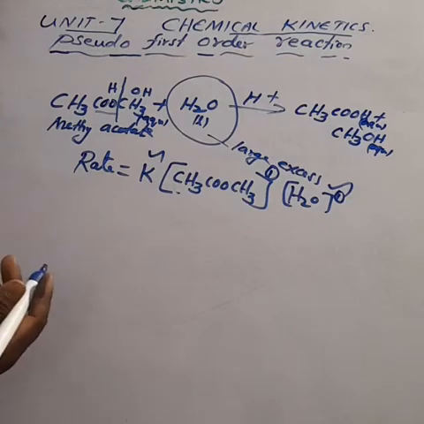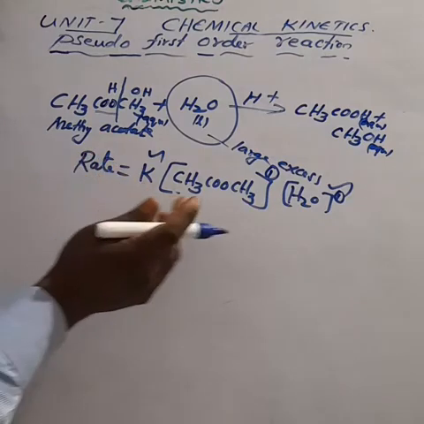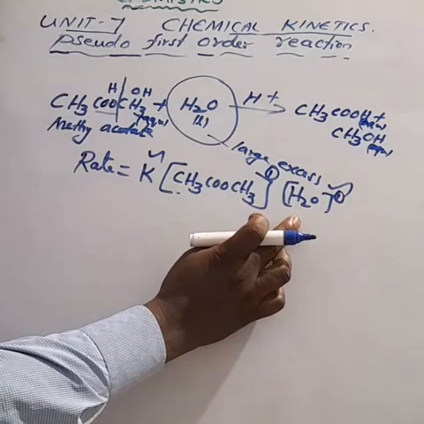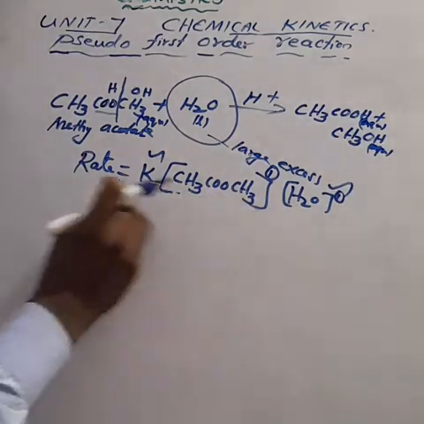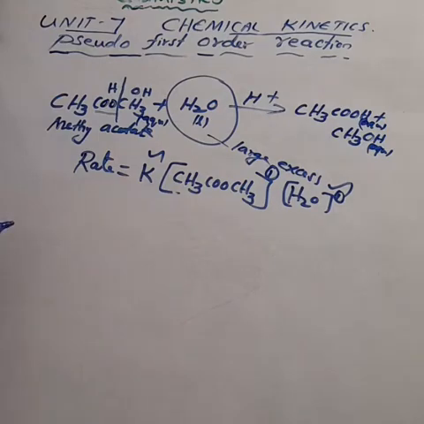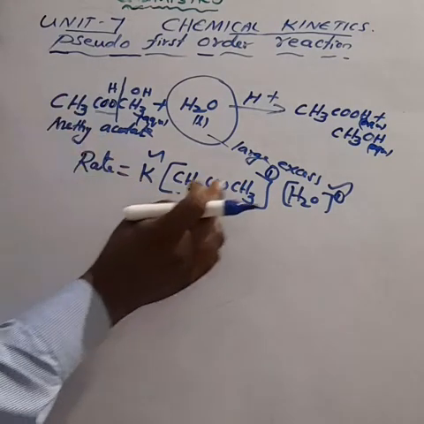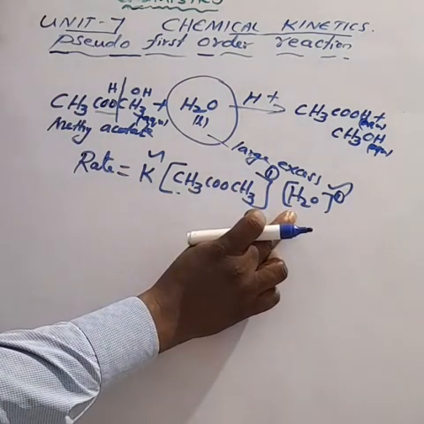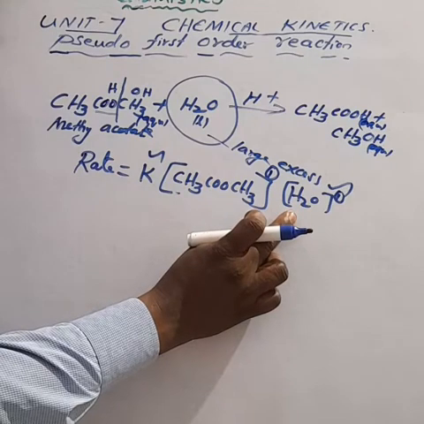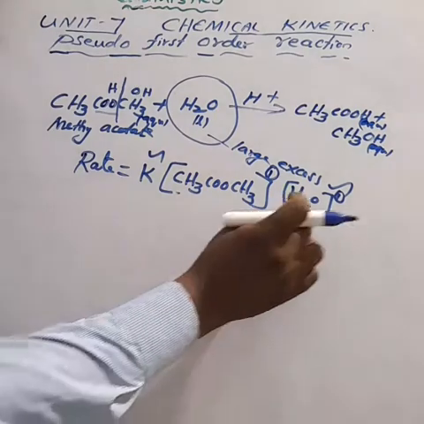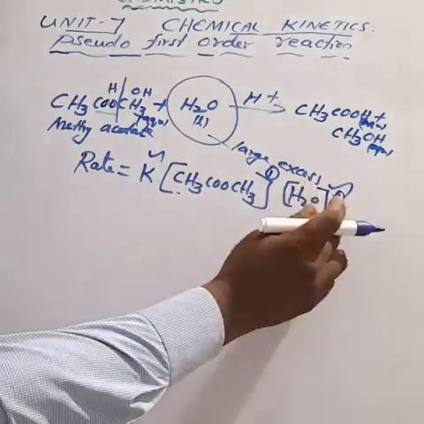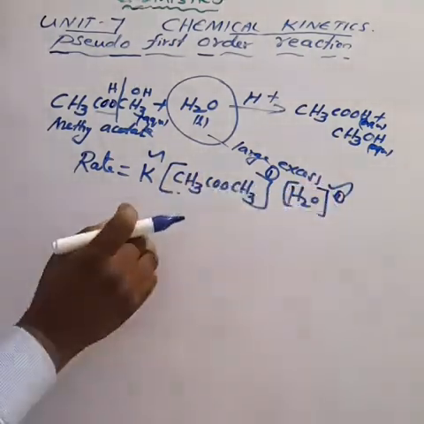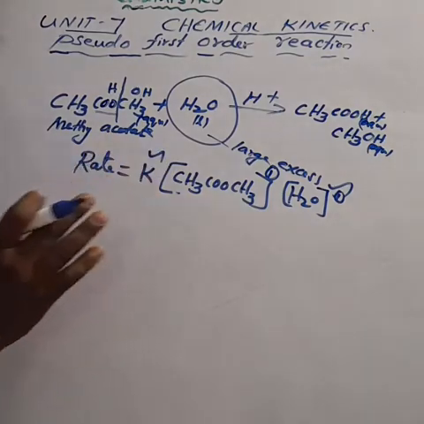If the reaction is carried out with a large excess of water, there is no significant change in the concentration of water during hydrolysis. So the concentration of water remains almost constant. Now, the rate of the reaction depends upon the concentration of methyl acetate.